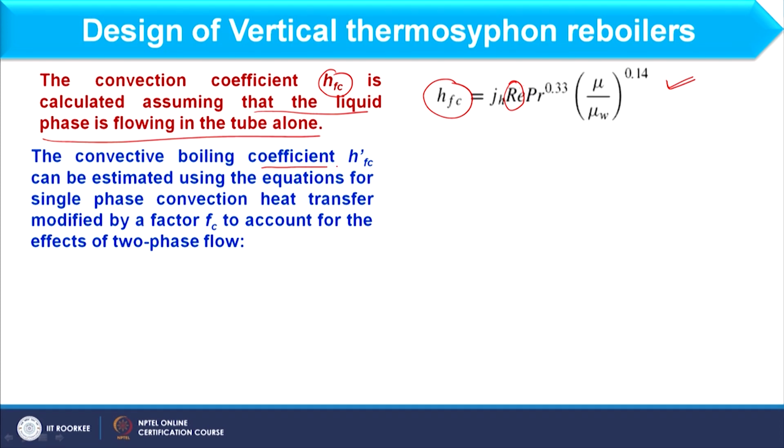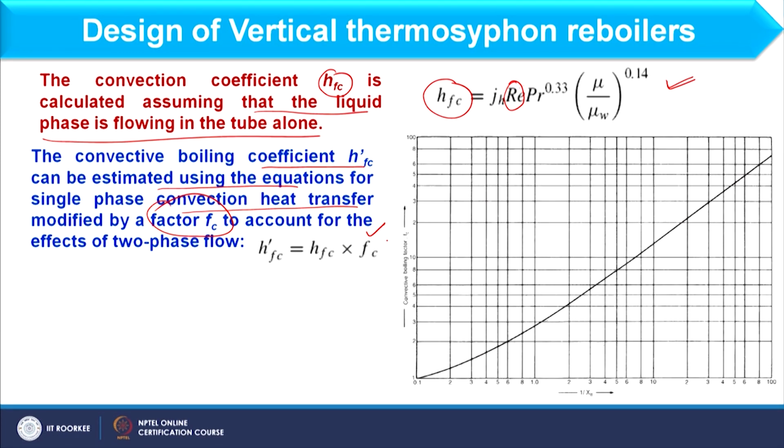So, the convective boiling coefficient h_FC dash can be estimated using the equation for single phase convection heat transfer, and that should be corrected by the factor Fc, okay, to account for the effect of two phase flow. Okay. So, h_FC dash should be equal to h_FC into Fc.